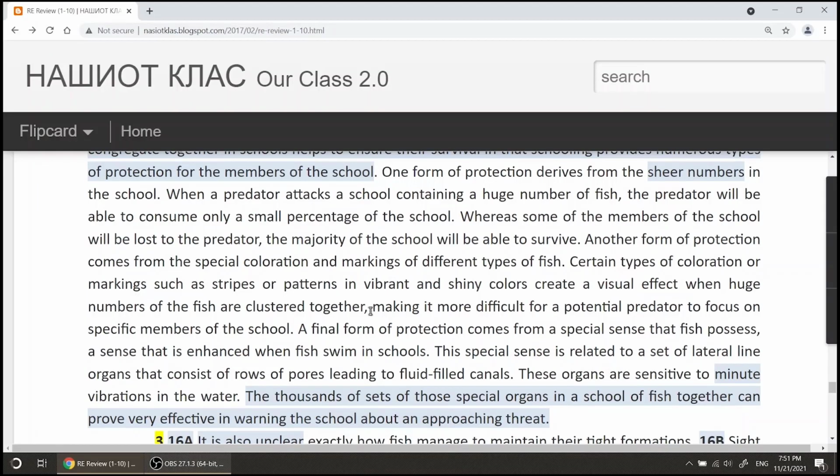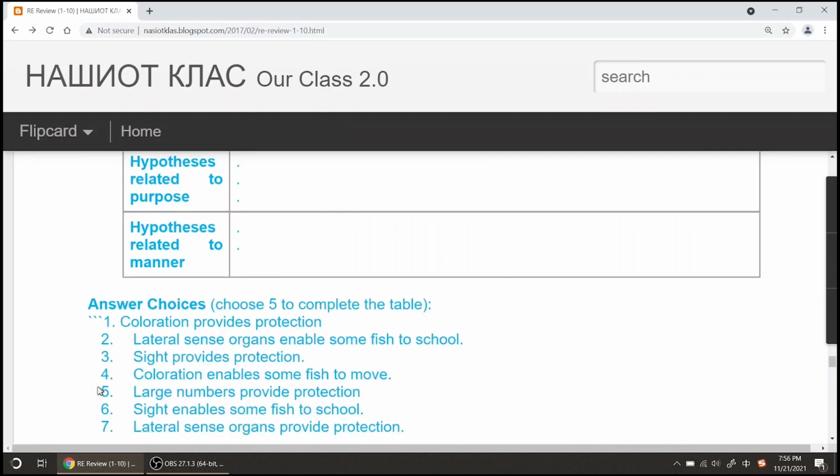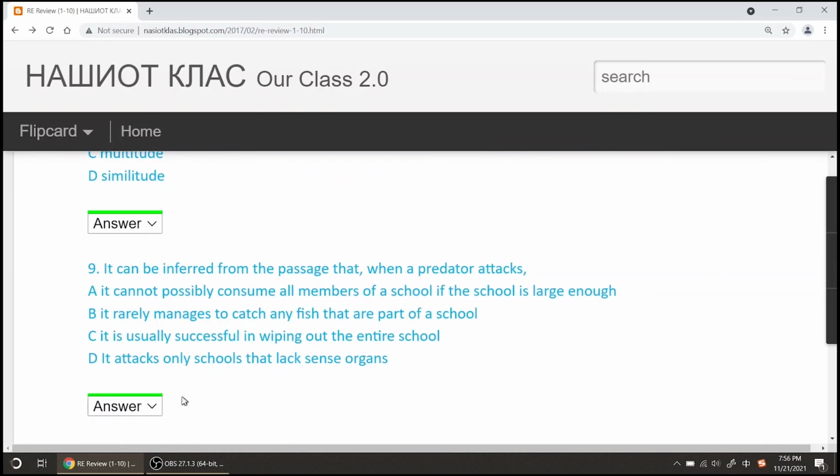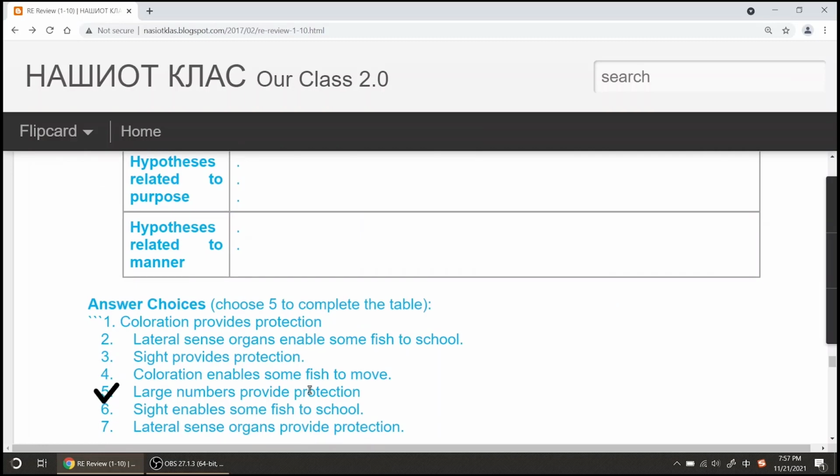In the article, coloration makes it more difficult for a predator to focus on specific members of the school. Coloration provides protection. So number 4 is wrong. Number 5, large numbers provide protection. Question 9 is about fish numbers. It cannot consume all members if the school is large enough, which means the number of fish helps protection. So number 5 is correct.